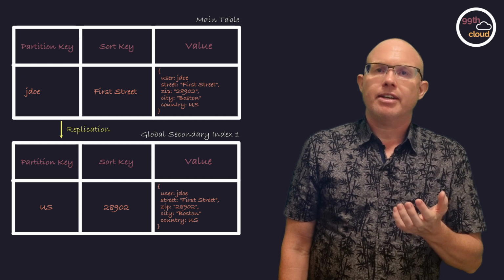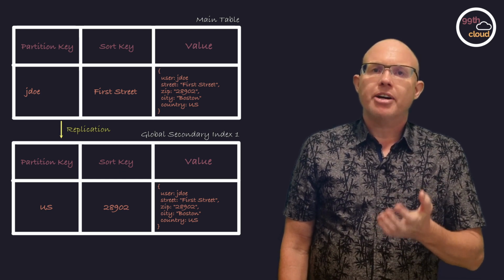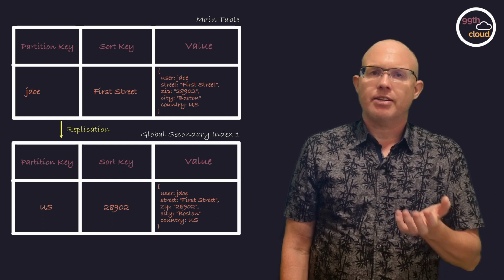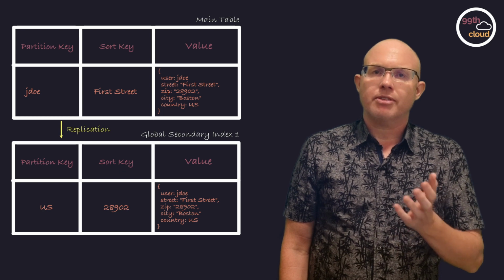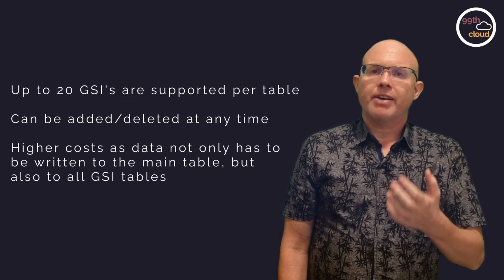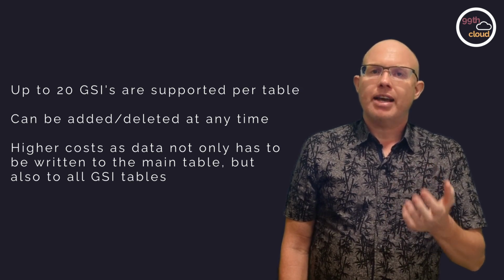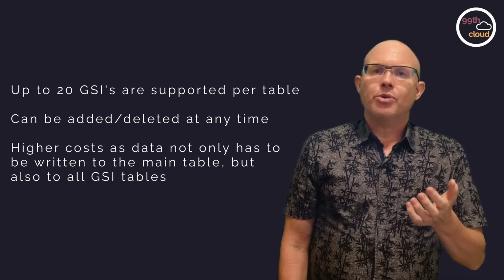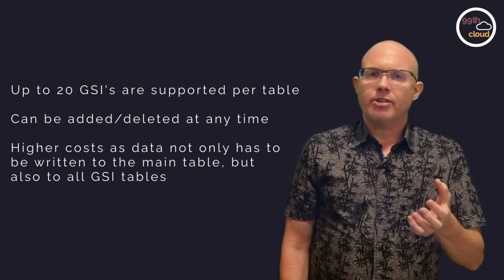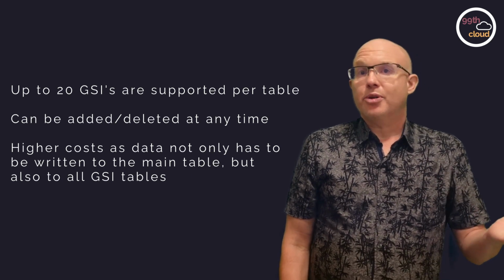Global secondary indexes are basically copies of the original table, but with a different partition and sort key. The data is synced from the main table to the secondary tables. You can create up to 20 global secondary indexes. GSIs can be added and deleted at any time, but as more writes are required, the costs will be a little bit higher. And this is more or less it.